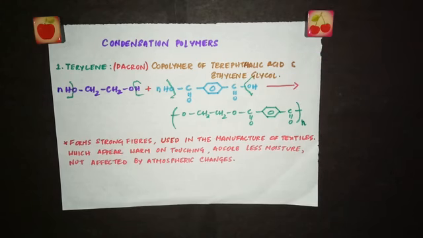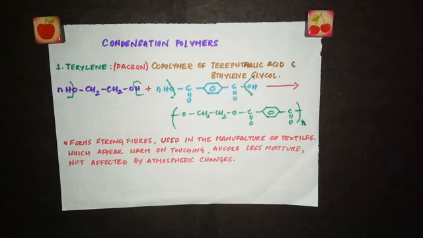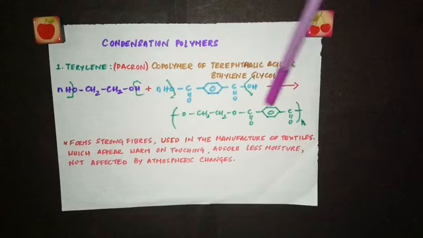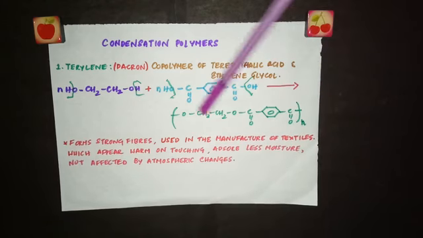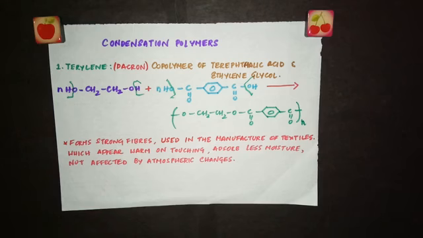Again this OH has been removed, because in a polymerization reaction you will be having a series of monomers, not just one monomer or just two monomers. You will be having plenty of monomers, and this reaction will continue. So we are just writing the repeating unit alone. So this is the repeating unit in terylene, and put n times. So this is the formula for terylene, also called dacron.